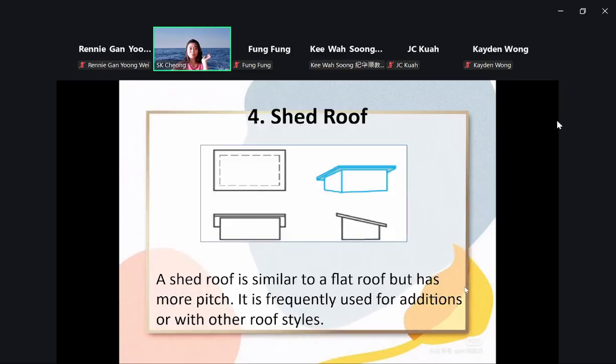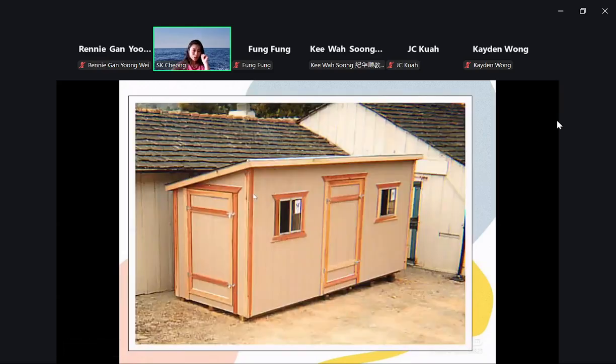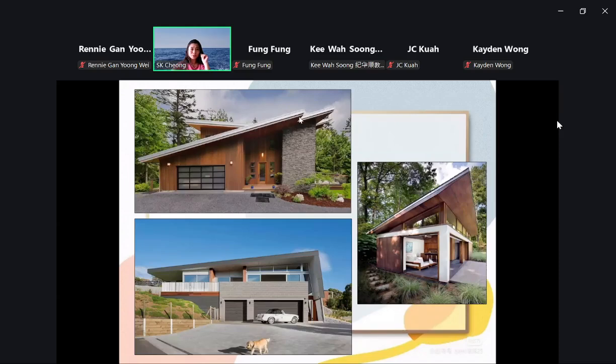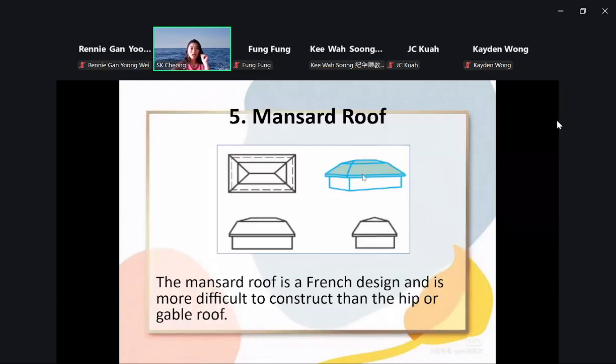Shed roof, a little bit slanting. This shed roof is similar to a flat roof. However, it is with some pitch. Over here, pitch, slanting, pitch roof.